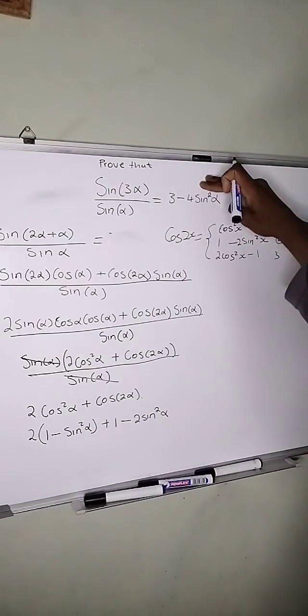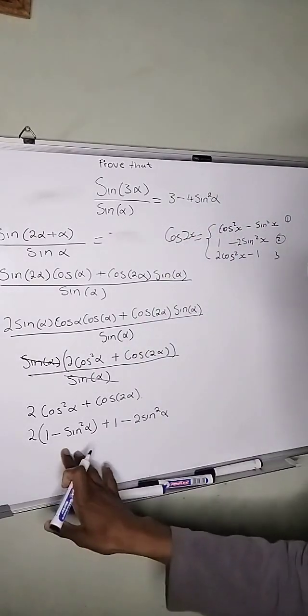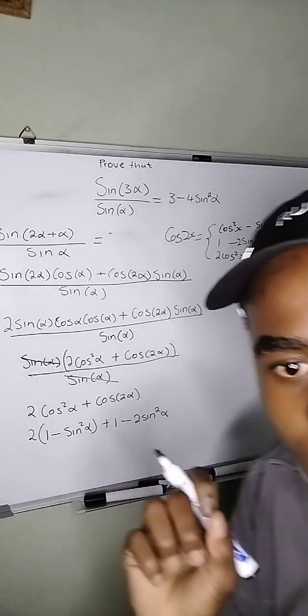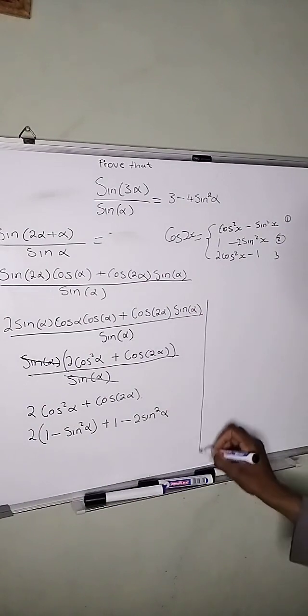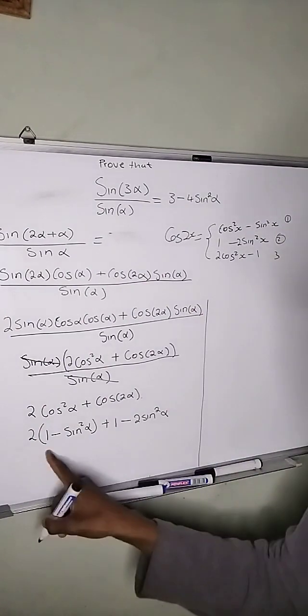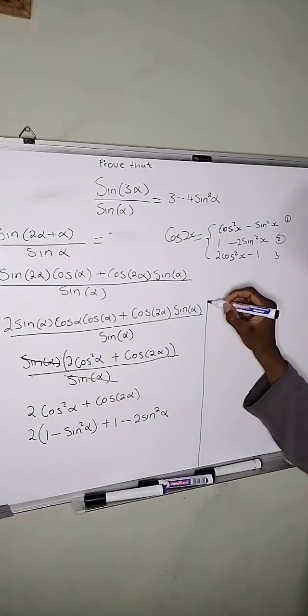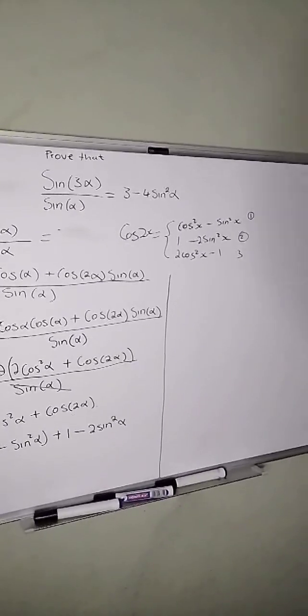Okay, this question requires the sine. So it means I have to change everything into sine. So now I'm going to distribute this guy here. What am I going to have?